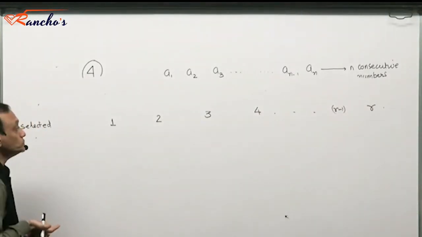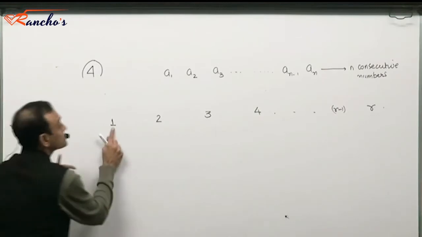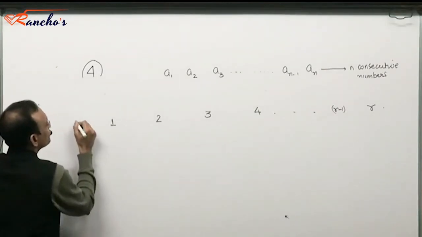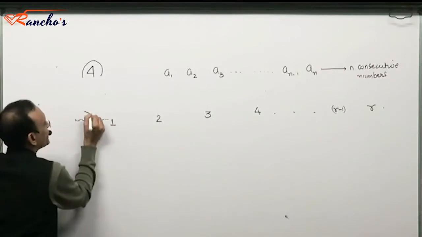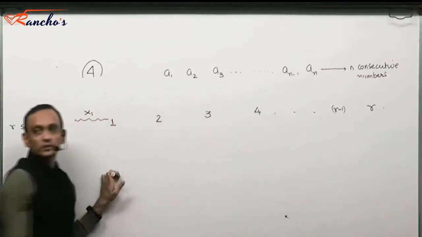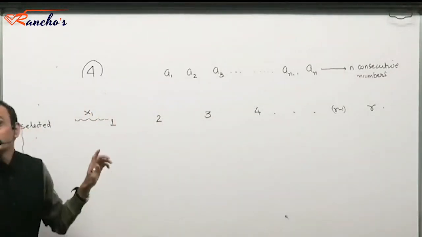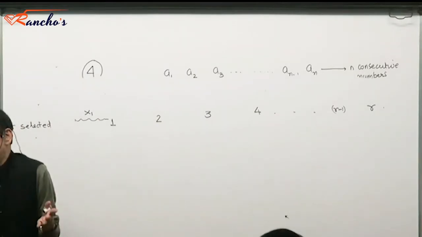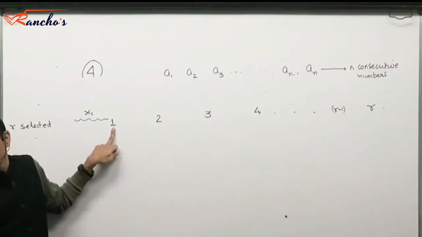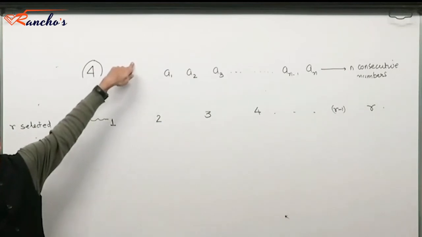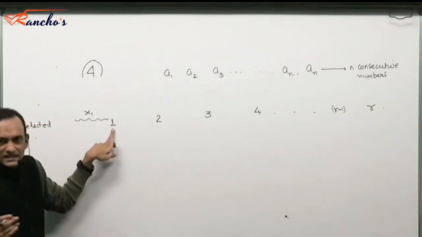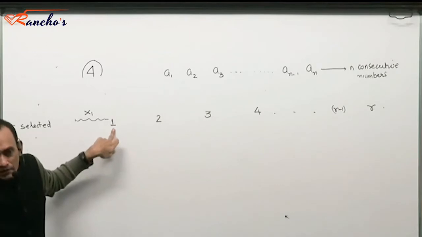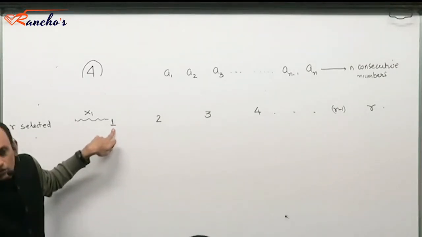Now, this is the first selected. And before the first selected, suppose there are x1 of these numbers, where x1 could have been 0, could have been 1, right? This could have been the first number selected, could have been A1 itself. So before the first selected, there could have been no number, one number, or two numbers.